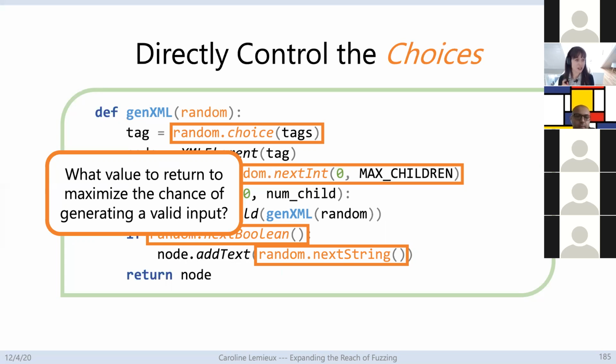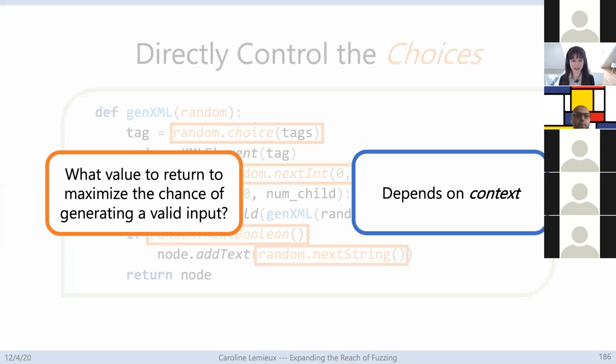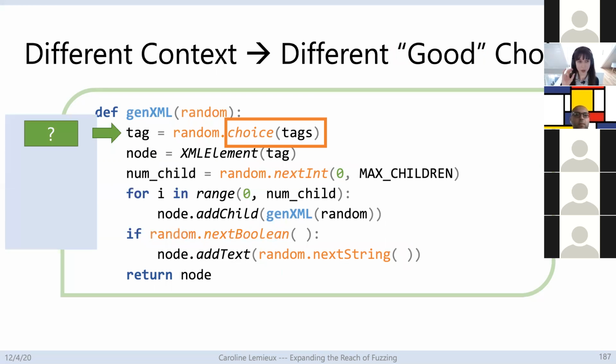Now, this is a challenging problem, finding these distributions automatically, in part because they're actually not absolute distributions, right? The best tag or the best choice at some point in the generator really depends on the context of that choice. I told you, for the root node, the best choice there is the tag project. But if you're the child of project, there's another subset of tags that are relevant.